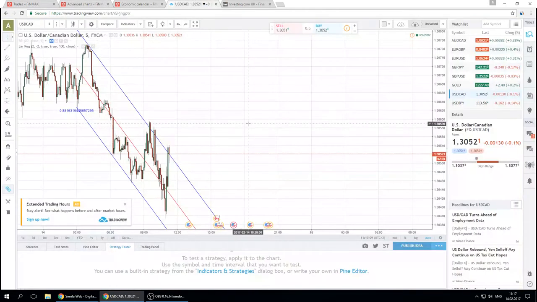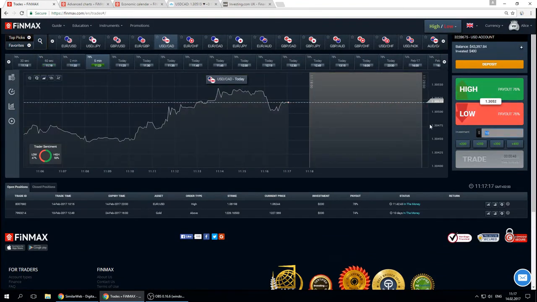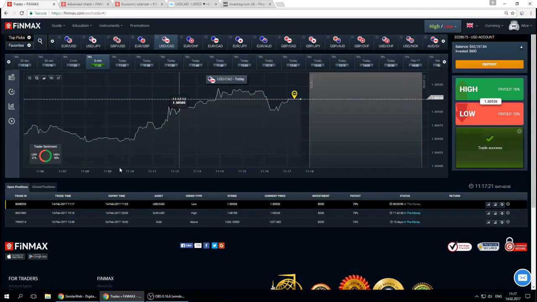Let's see if it's still valid. Yes, it's still valid. So USD Canadian dollar, 5 minutes time frame, 200, that's the minimum I can open, and confirm. So we will see in a couple of minutes how it's going to work out.